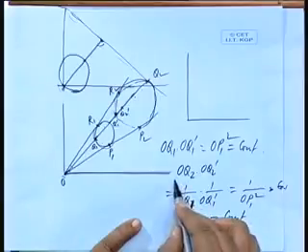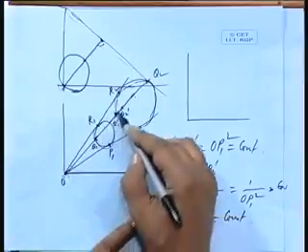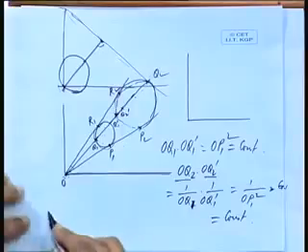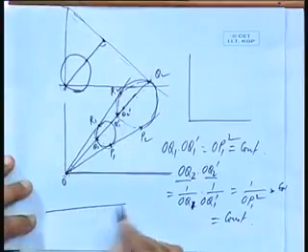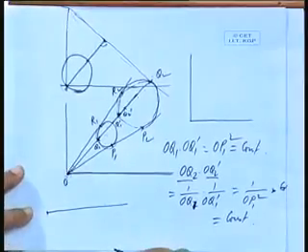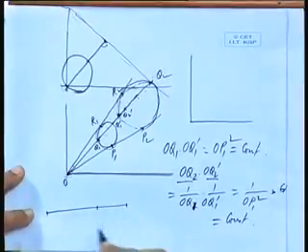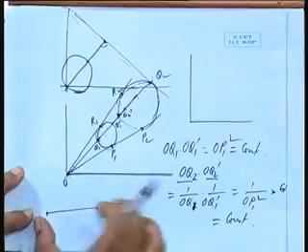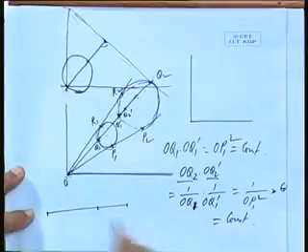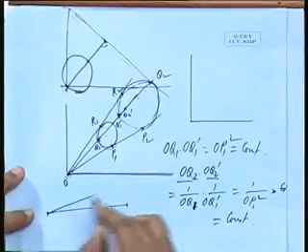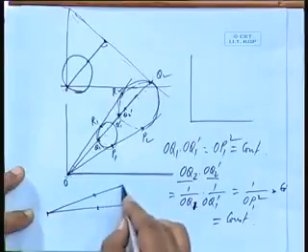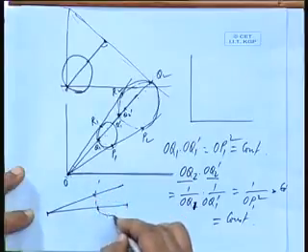So, what does it prove? The product of these segments is also a constant. Whenever you are having a straight line drawn from a particular point and there are 2 points, the product of these 2 segments is constant, then these points lying on such straight lines will also lie on a circle.